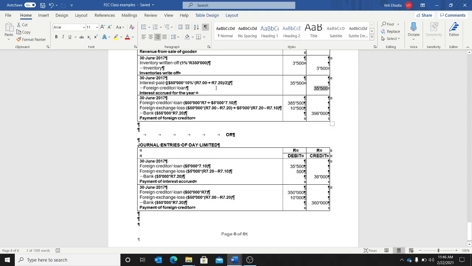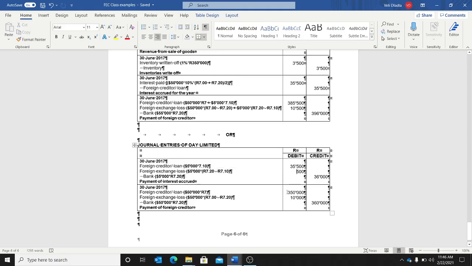What is the average rate? The 7 plus 720 divided by 2 is 710. So I've raised this at 710. If I'm supposed to pay it now at 720, I'm paying an interest that was raised at 710, but I'm paying it at 720. I'm losing 10 cents in between, which is this one.